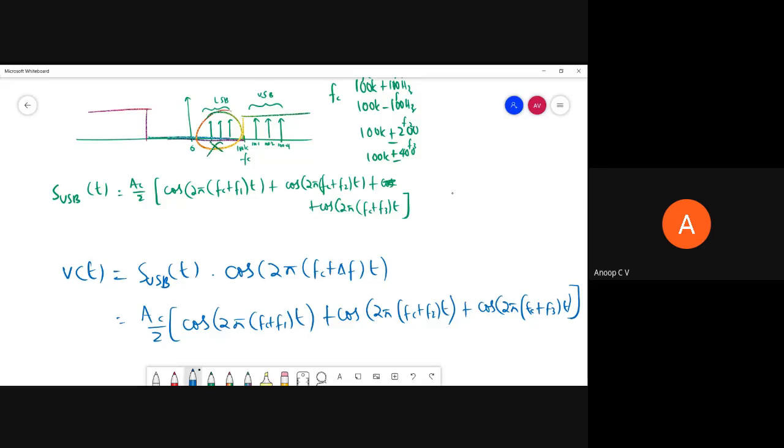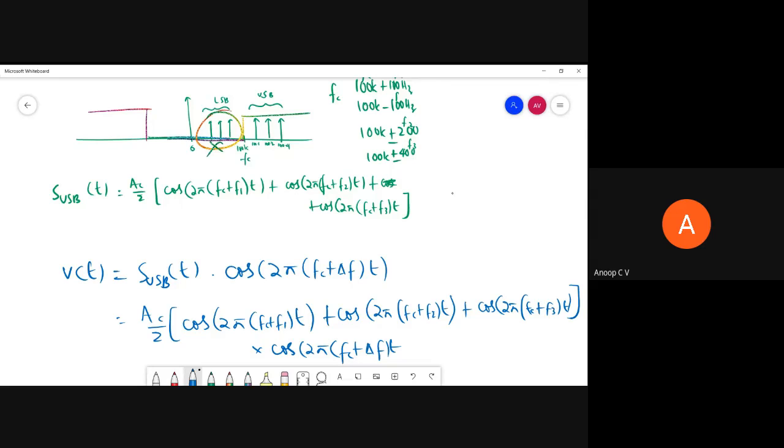This much into cos 2 pi (fc plus delta f) t, right?